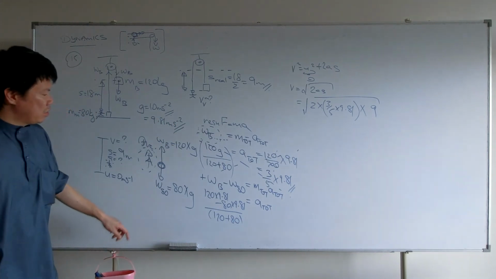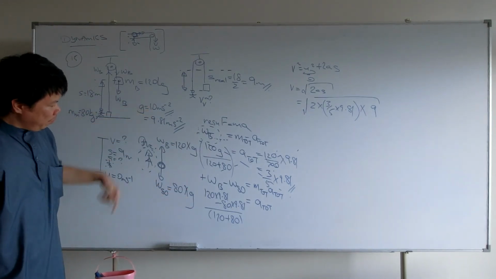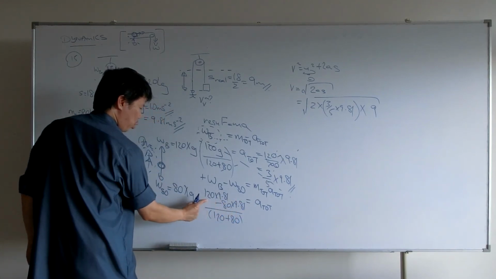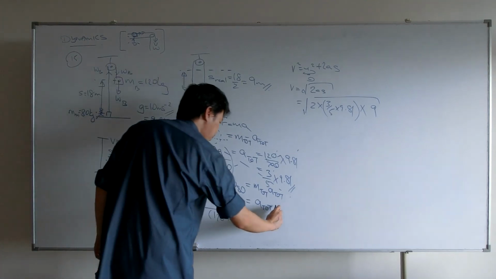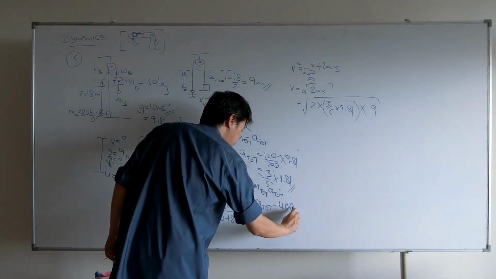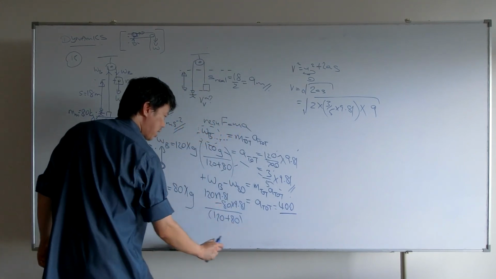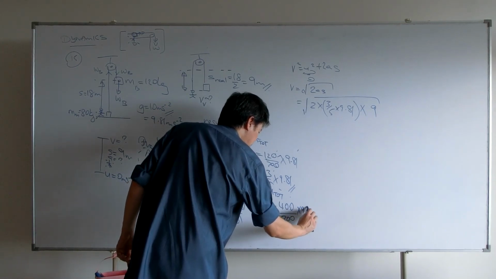In this case, you understand why they ask you to use 10. So if you use 10 here, 120 minus 80 is 40. 40 times 10 is 400. 400 over 120 plus 80 is 200 times 9.81.